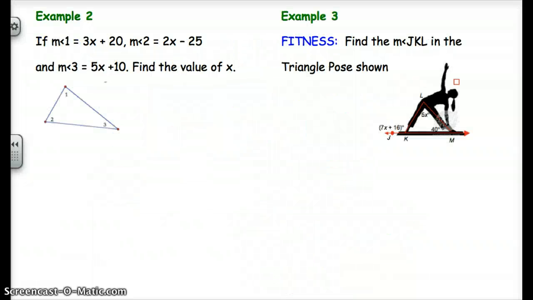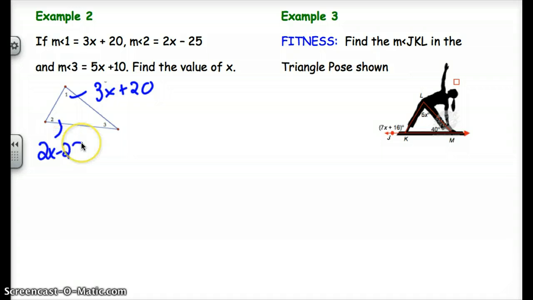Example 2, I'm given a triangle and I'm given the measure of angle 1 is 3x plus 20. I'm given the measure of angle 2 is 2x minus 25. I'm given the measure of angle 3 is 5x plus 10. And so I have all of my interior angles. So I'm going to use the sum of the interior angles.